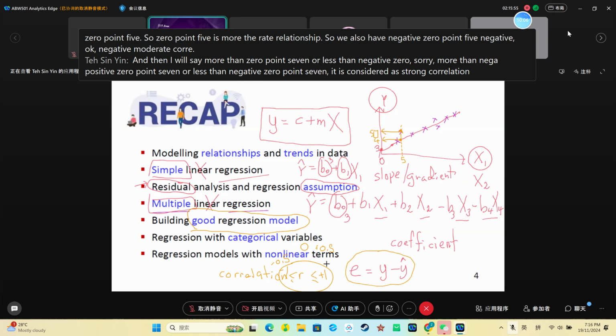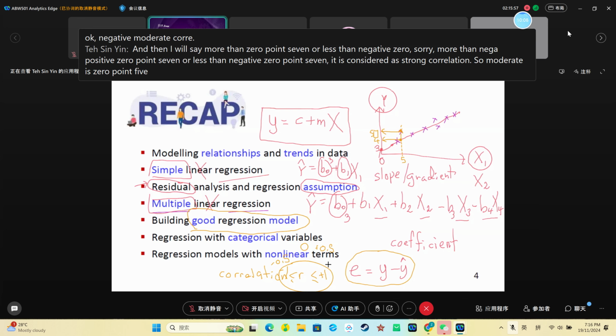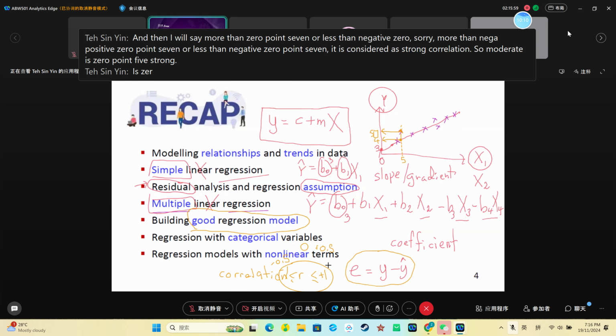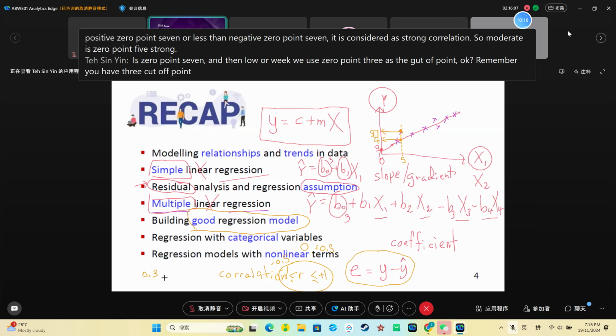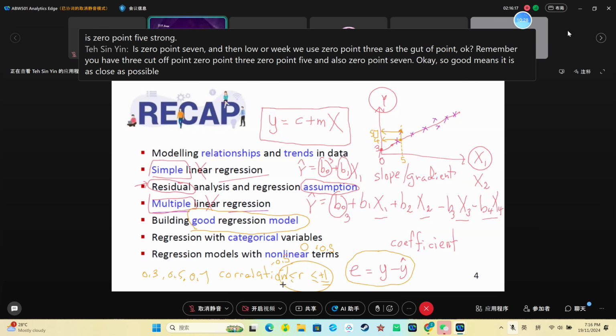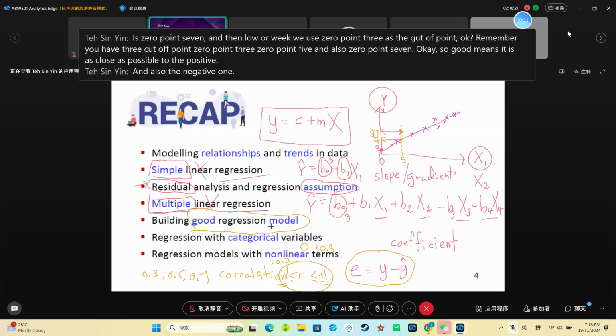So moderate is 0.5, strong is 0.7, and then low or weak, we use 0.3 as the cutoff point. Remember you have 3 cutoff points: 0.3, 0.5, and 0.7. Good means it is as close as possible to positive one and also negative one. That means it's a good regression model.